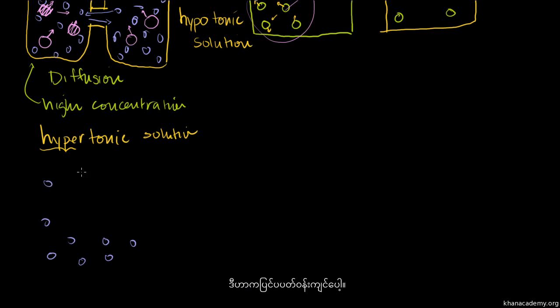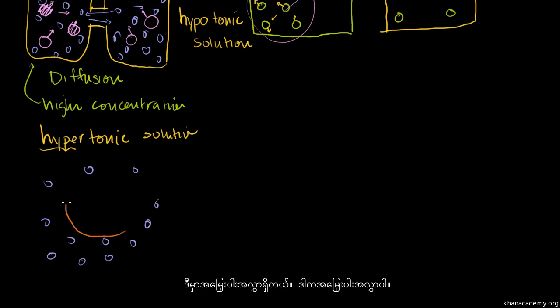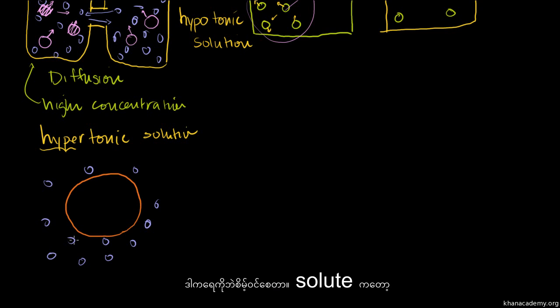This is the outside environment. And then you have some type of membrane. That's a membrane. Water can go in and out of this membrane. So it's semi-permeable. Well, it's permeable to water, but the solute cannot go through the membrane.